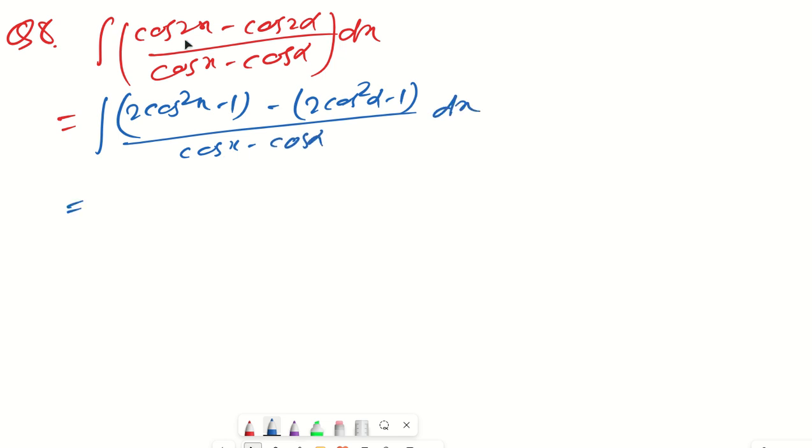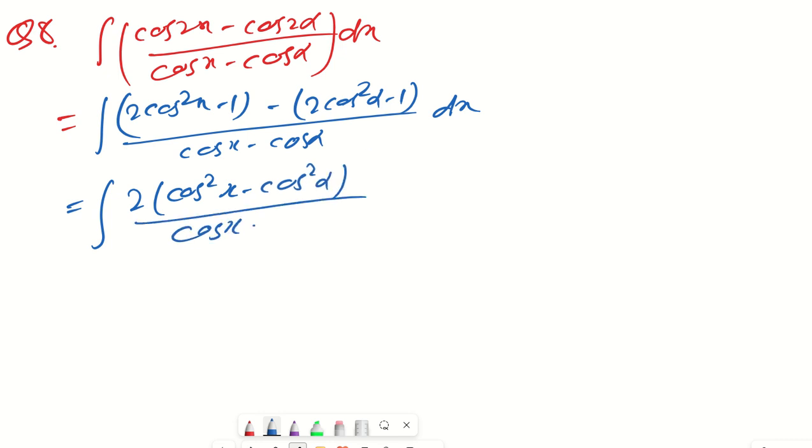Now if you see, this is minus 1 and this is minus minus plus 1. So minus 1 plus 1 will get cancelled. So we are going to be left with 2 cos square x minus 2 cos square alpha. 2 I will take common, so it will become cos square x minus cos square alpha. So integration of 2 times (cos square x minus cos square alpha) divided by (cos x minus cos alpha) dx.